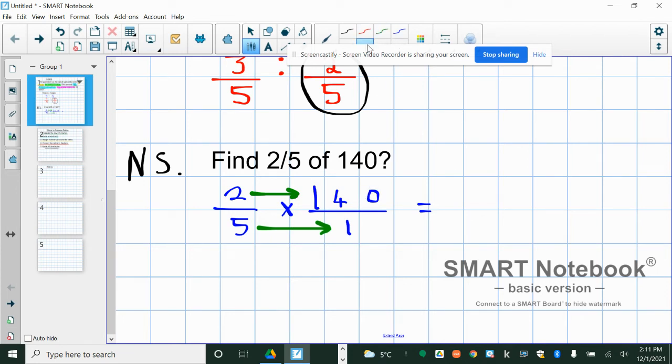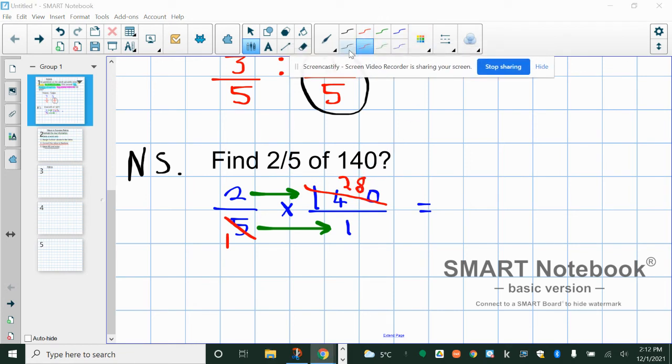We also should remember that we can simplify it before we multiply. So in this case, I'm going to take that opportunity to do that. I'm going to simplify the 5 with the 140. 5 divides into 5 once. 5 divides into 140. Well, 20 times into 100 plus 8 altogether, that's 28 times.